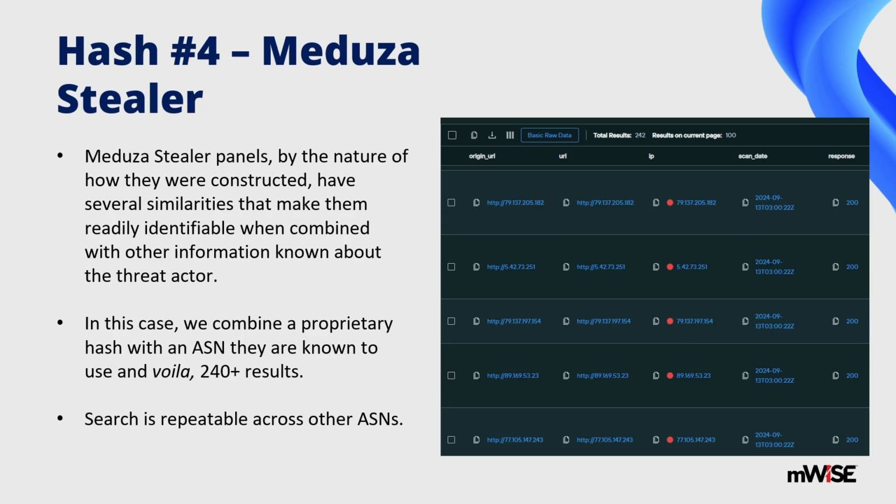And in this case, we used a proprietary hash with a known ASN that the Medusa Stealer panels were commonly on, and voila, 240 plus results. And the best part about this is it's repeatable. This was just on a specific ASN. You can throw it against any other ASN and see if the Medusa Stealer panels are being used on that. So it doesn't matter if they hop, we can still catch them. And if you're watching for ASN changes through our platform, you'll know the moment they hop.